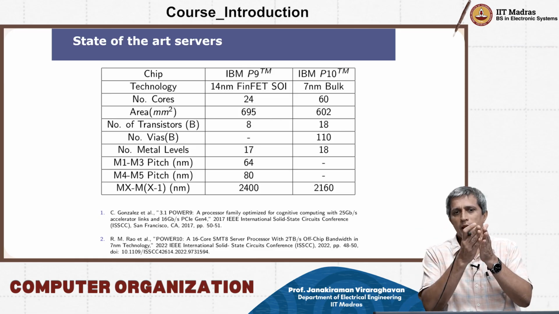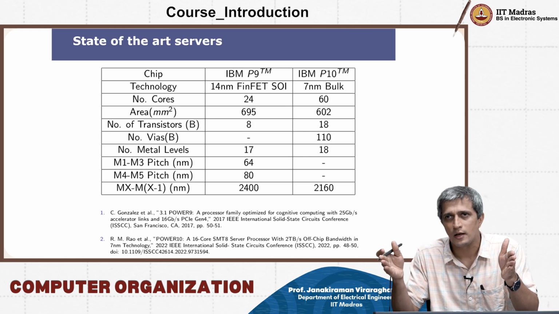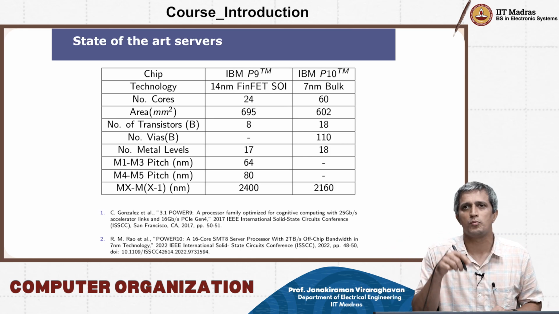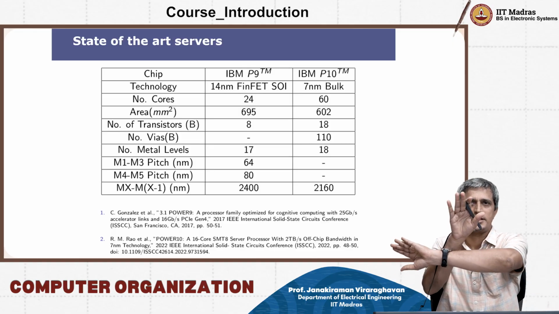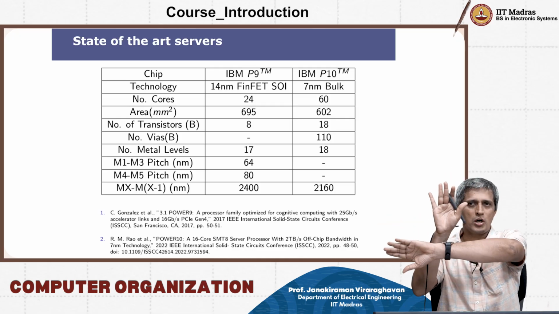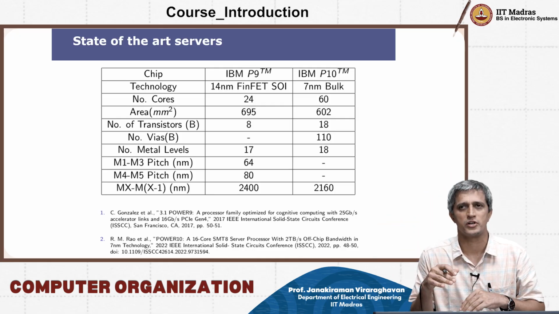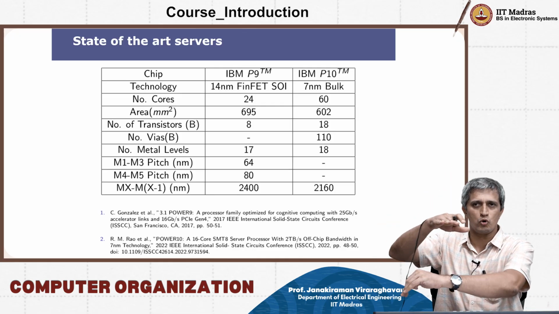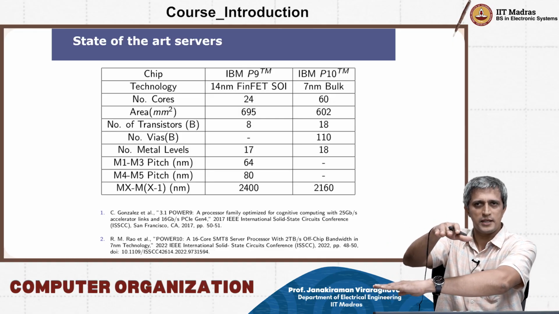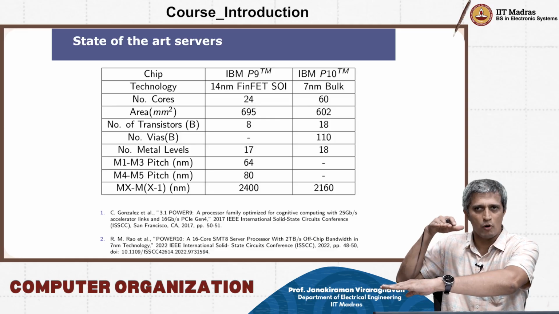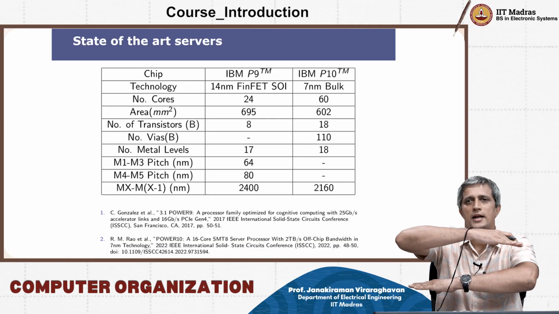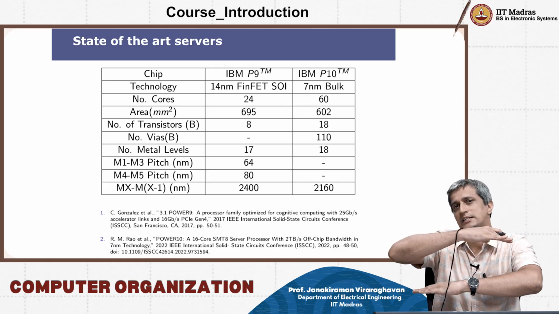If I want to connect point A to point B, and I also want to connect point C to point D, which is crossing each other like this, obviously I cannot do it at the same plane because these two wires will short each other. So what you do is a flyover. One metal runs like this, the other metal runs above it, but they are all at a different level in the Z axis.